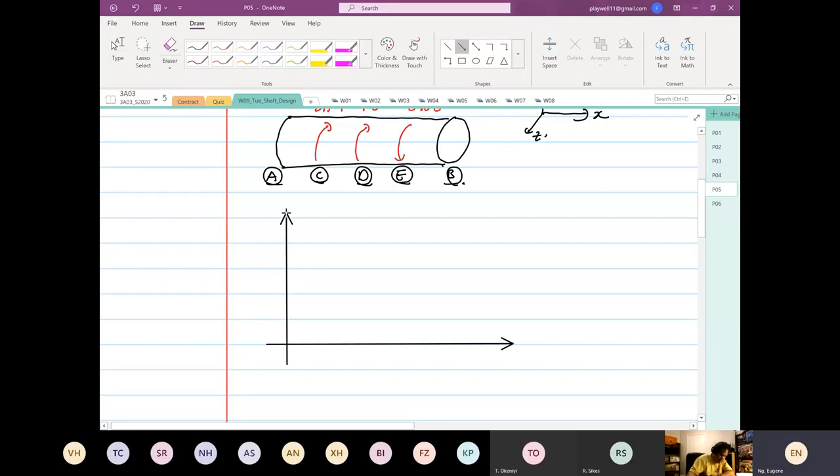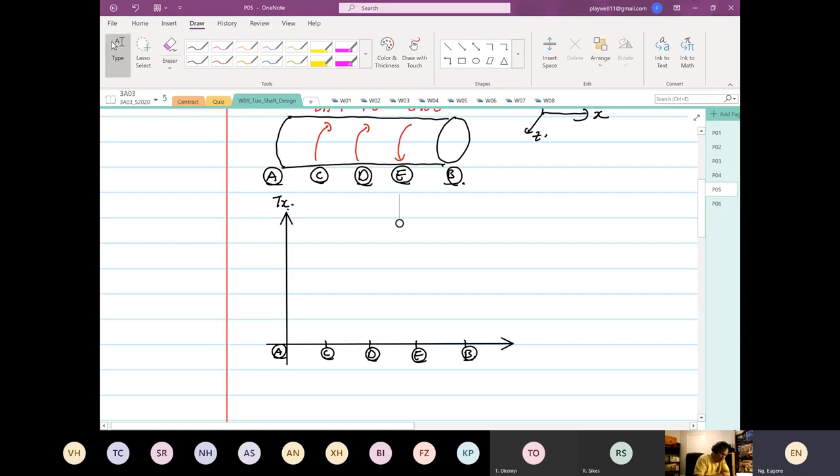This is the part that is so important. So this is torque in the x direction, and it's a function of x. So point A, point C, point D, point E, and this is our point B.